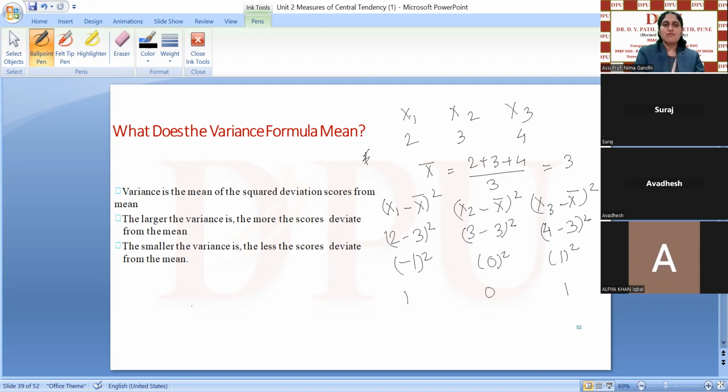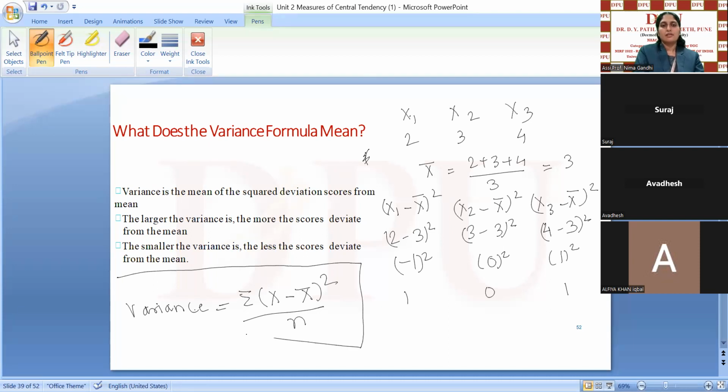Okay, so what is the formula of variance? The simple formula for variance when you have individual observations is summation (xi minus x bar) square divided by n. So this is your formula for variance when you have individual observations.